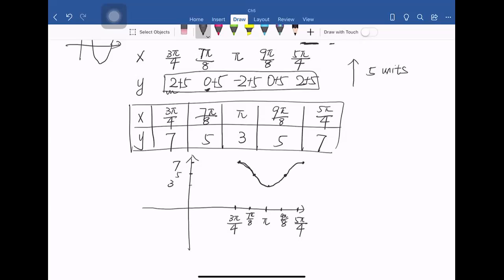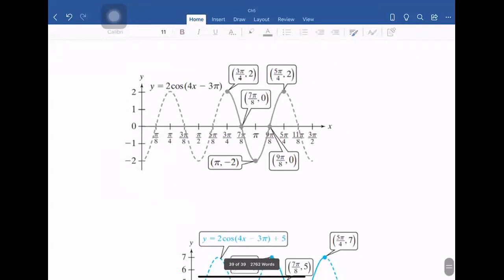So the graph should be like this. You can continue to draw. It doesn't matter. And this is one full period from 3 pi over 4 to 5 pi over 4. Okay, yes, this is a step-by-step picture.